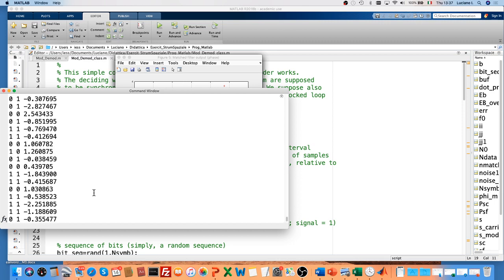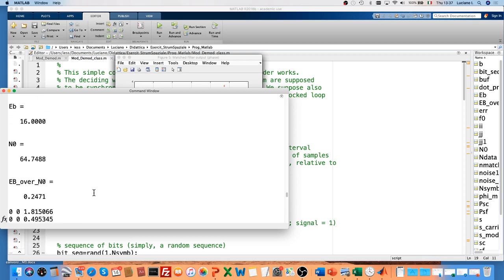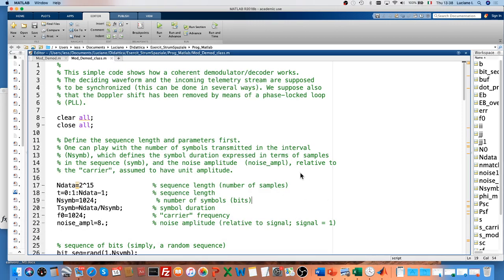So if we go up and we see Eb over N0, it will go way up because we have many bits this time. Okay. Eb over N0 is 0.24, so really a situation that you will never find.